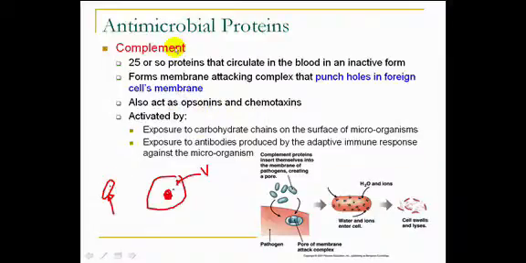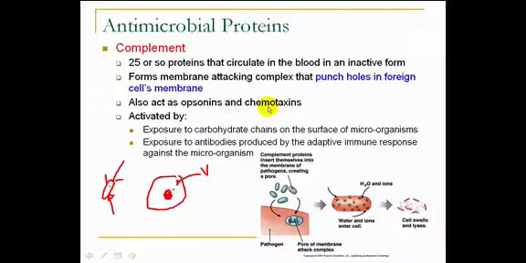Now, complement can also act as what we call opsonins, which, remember, I mentioned means that they mark bacteria for destruction by a phagocyte. So they either produce MACs that cause the cell to rupture, or they could be proteins that just bind to the surface here and mark that bacteria for a phagocyte to come and destroy it.